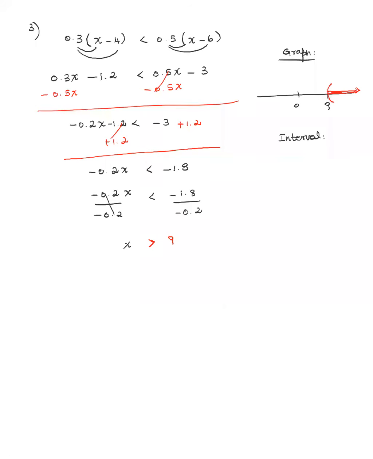And the interval is (9, infinity). And the set is the set of all x such that x is greater than 9. You have to make sure you put the greater than sign here whenever you're dividing by a negative number.